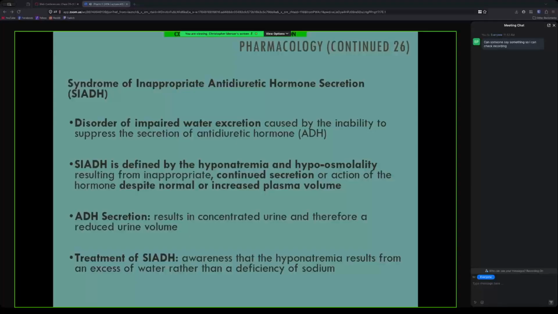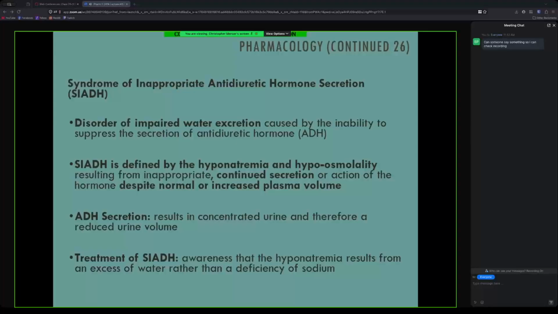The normal osmotic or volume triggers that would suppress our ADH secretion aren't working. So that's in the name, right? Inappropriately releasing ADH because the negative feedback is not working.